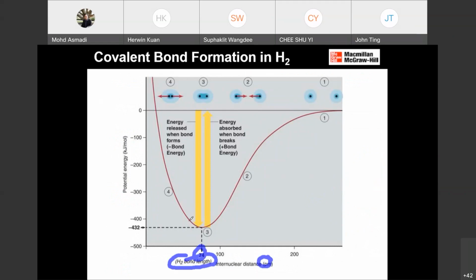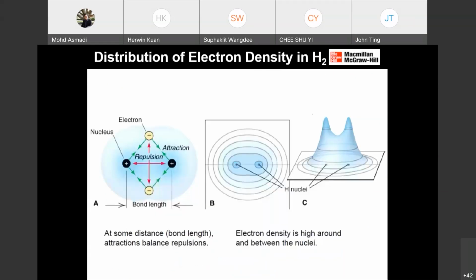It should be in an equilibrium state if you want to calculate the bonding of a hydrogen molecule. The distribution of electron density shows that repulsion and attraction are in equilibrium, that's why it's similar.